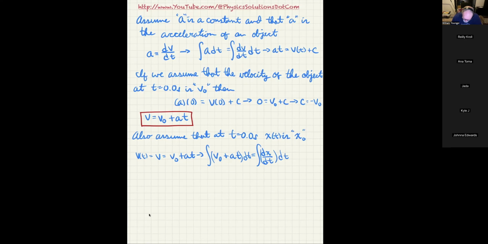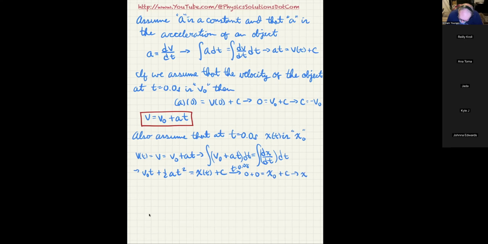Okay. So the left-hand side becomes v0t plus 1 half at squared. The right-hand side just becomes the x of t plus a constant. But we remember from the initial condition at t equals 0, that means we get 0 plus 0 is equal to x0 plus c.